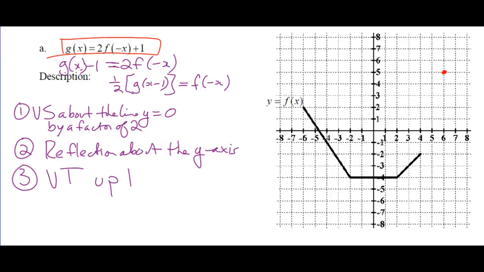Okay, I'm here. Vertical stretch by a factor of 2, I go down to -8. Reflect about the y-axis, I move from -2 to +2, staying at -8. And then go up 1. Then I'm going to join those 2 with a straight line.